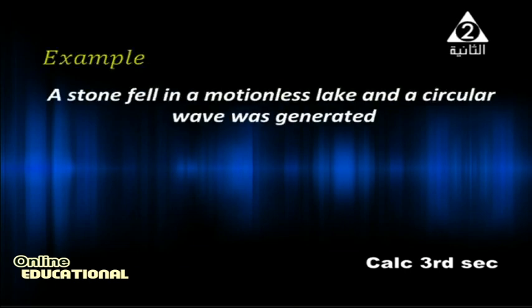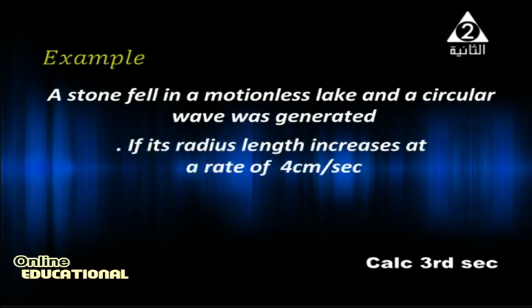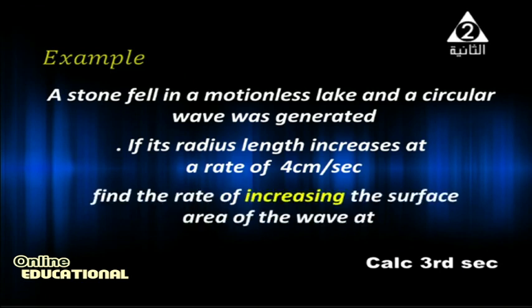A stone fell in a motionless lake and a circular wave was generated. If its radius length increases at a rate of 4 centimeters per second, find the rate of increase of the surface area of the wave at the end of 5 seconds.